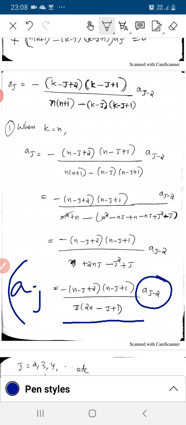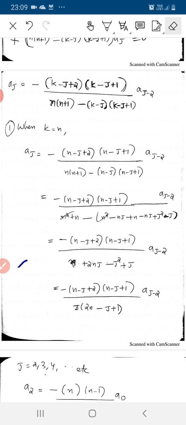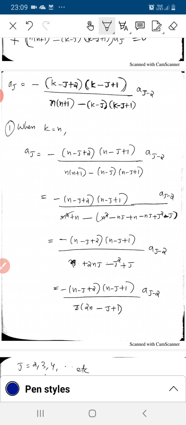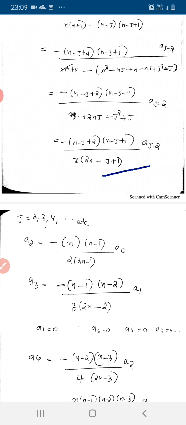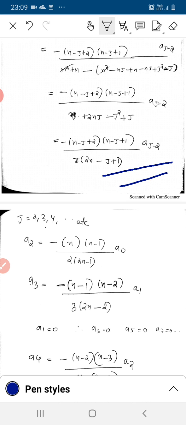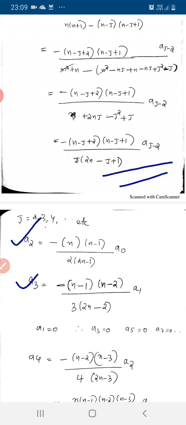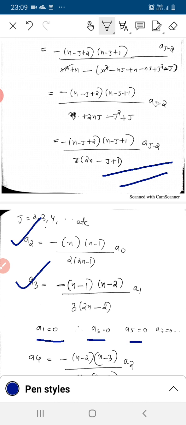Now here if I put j equal to 2, I will get a2 in terms of a0, and if I put j equal to 3, I will get a3 in terms of a1. a1 is 0, so a3 is 0, a5 is 0, a7 is 0.